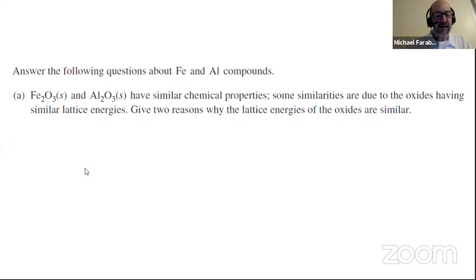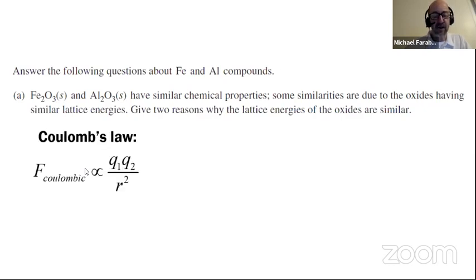All right, part A, Fe2O3 solid and Al2O3 solid have similar chemical properties. Some similarities are due to the oxides having similar lattice energies. Give 2 reasons why the lattice energies of the oxides are similar. Now, these 2 reasons have to do with essentially the law that you would normally invoke when comparing 2 different ionic compounds.